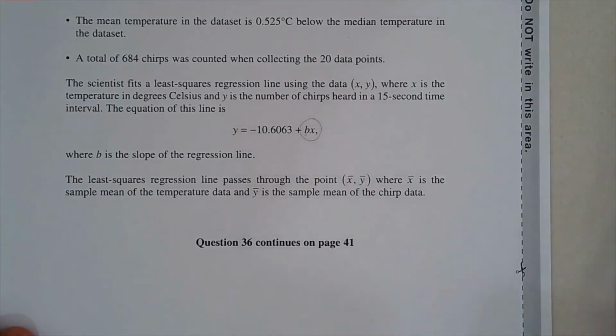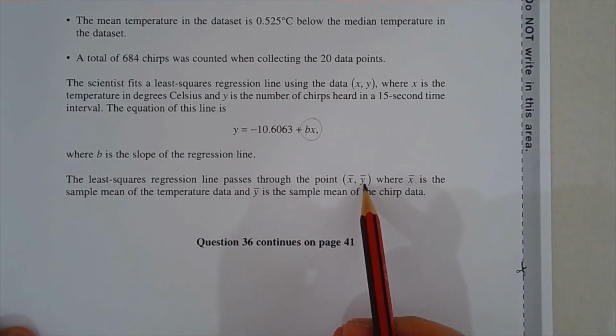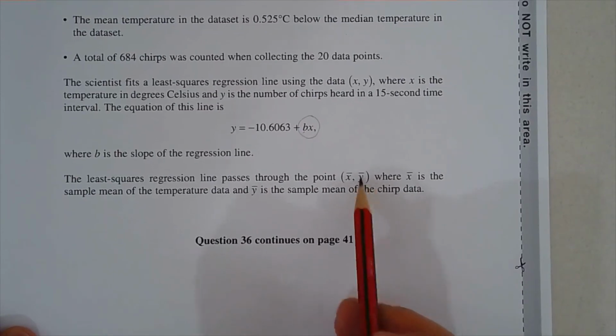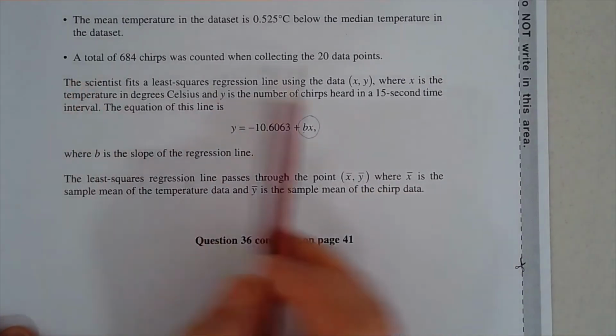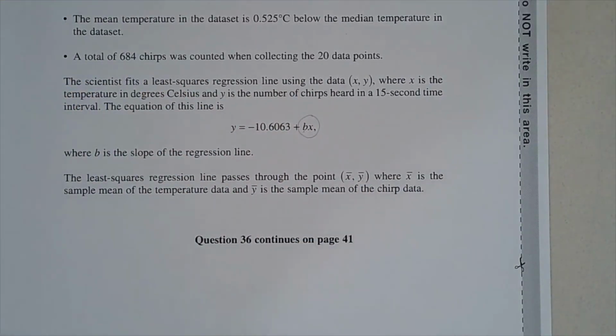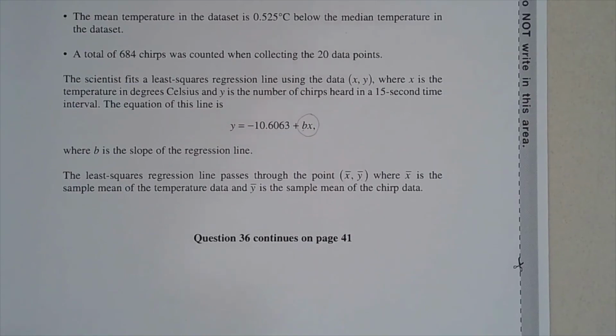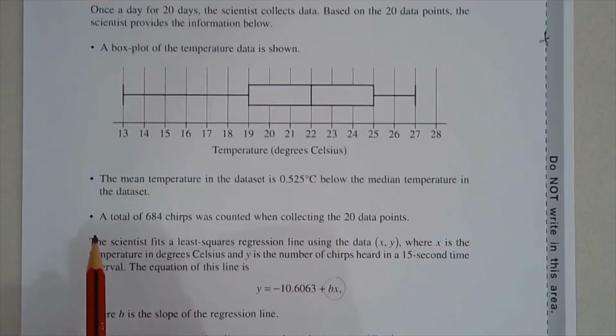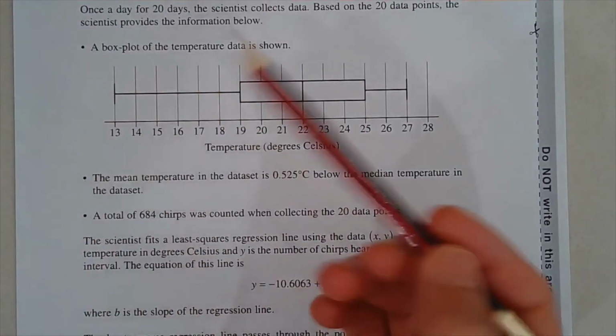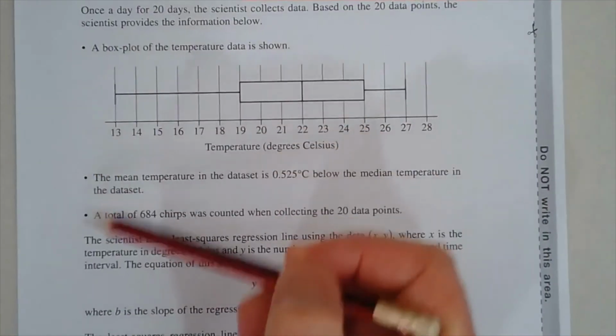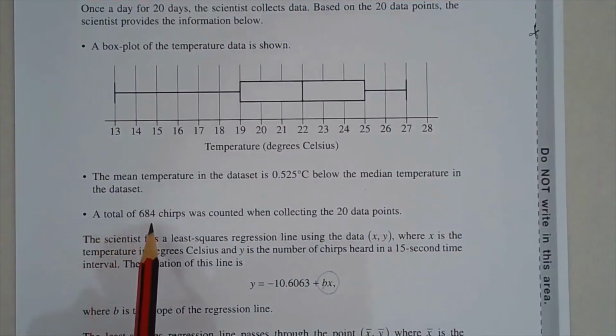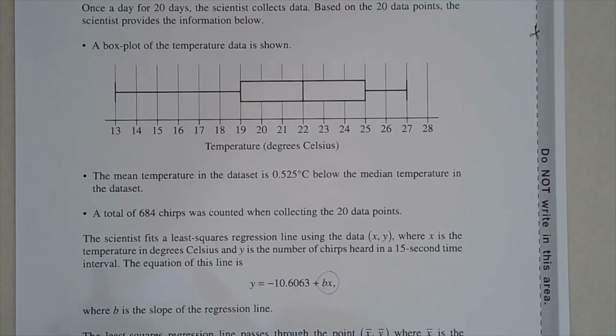Now the next thing we need to work out is y bar. And that's the average of the chirps, or the sample mean of the chirp data, in a 15-second interval. And the third point, so let's make sure we get the number of points correct, first, second, third point. The third point will give us y bar. We have 684 chirps counted when collecting the 20 data points.